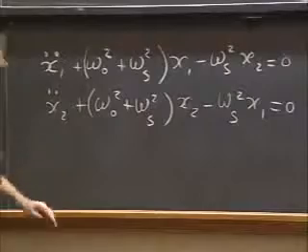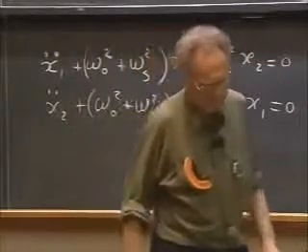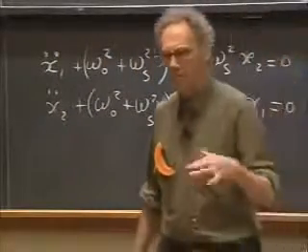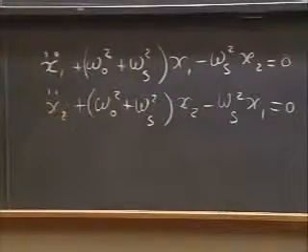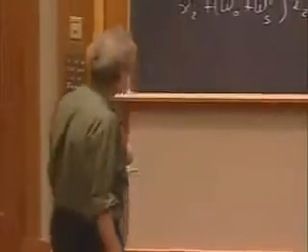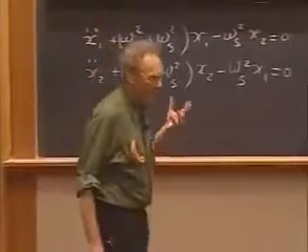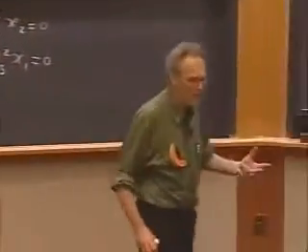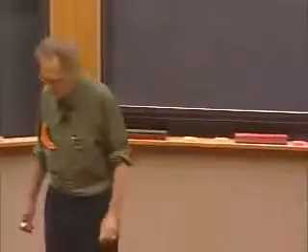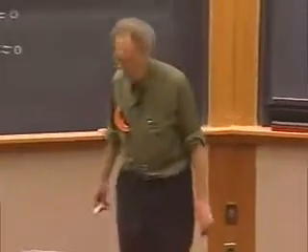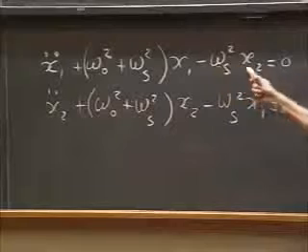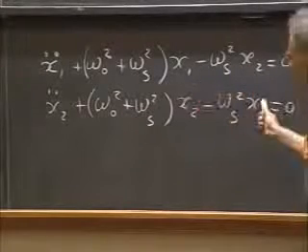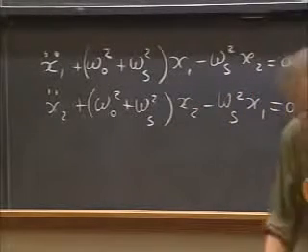When you have reached this point in your exam, you take a deep breath. And you go over each little term to make sure that you haven't accidentally slipped on a minus sign. Because if you slip up on one minus sign, you're dead in the water. It may not even become a simple harmonic oscillation. So let me do that. I agree with that, I agree with this, I agree with that, I agree with that. Differential equation is fine.